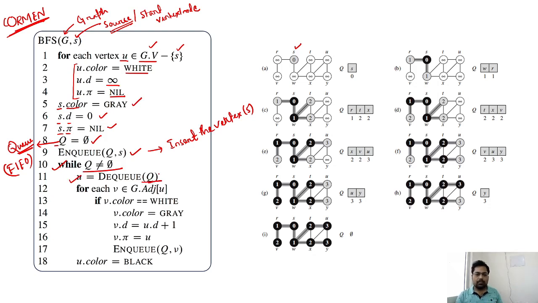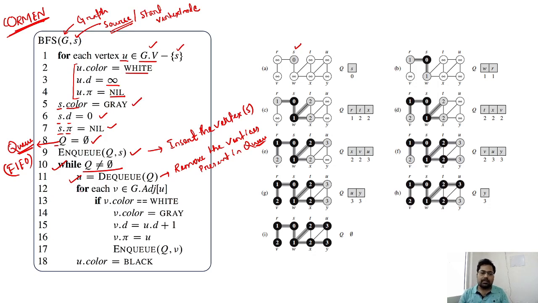Here dequeue means we have to remove the vertices present in Q. Okay, so we are removing the vertices not one by one, we first remove that one and keep it in u.